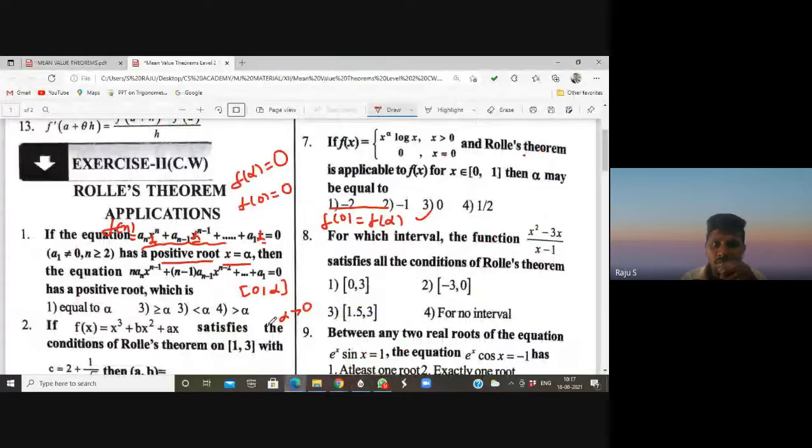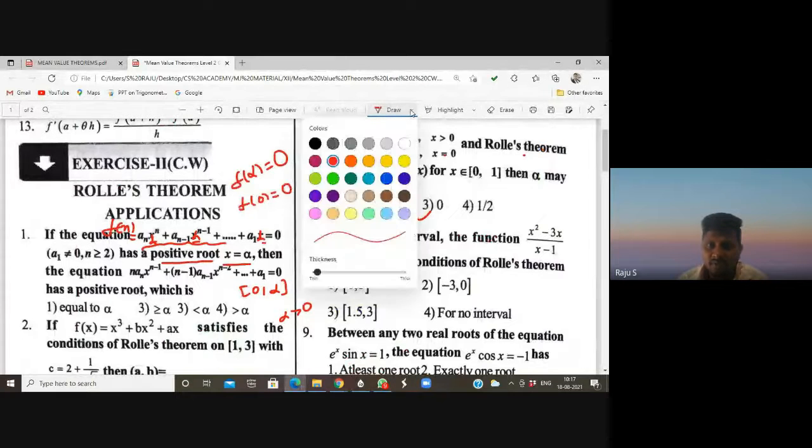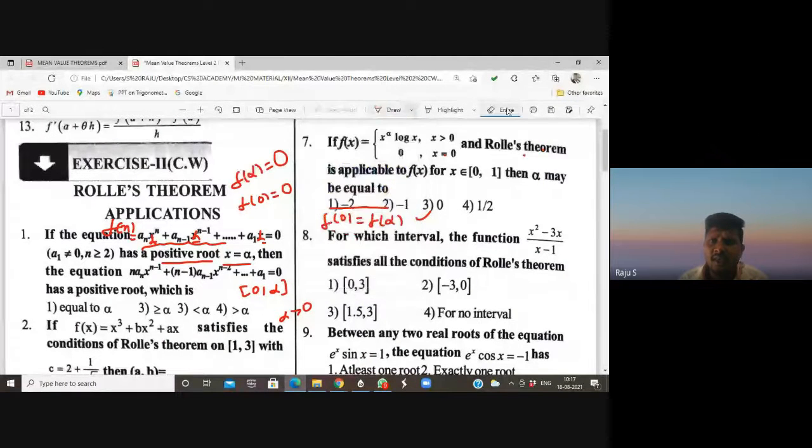I hope that in the first question, they have given a very easy but very logical question. The function is given. In the function, f(0) is clearly 0. f(alpha) is 0 because alpha is the root.